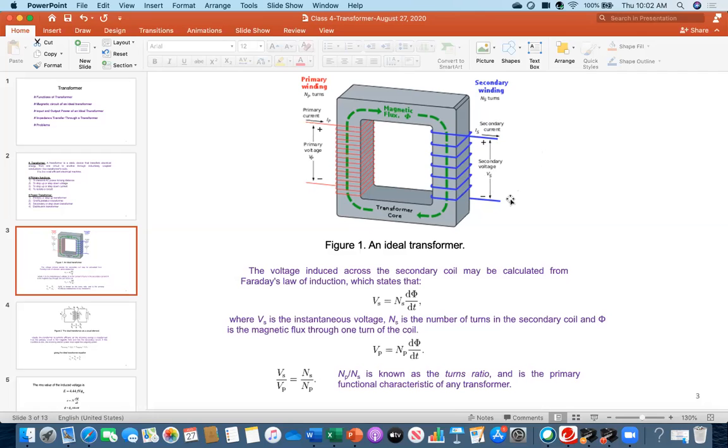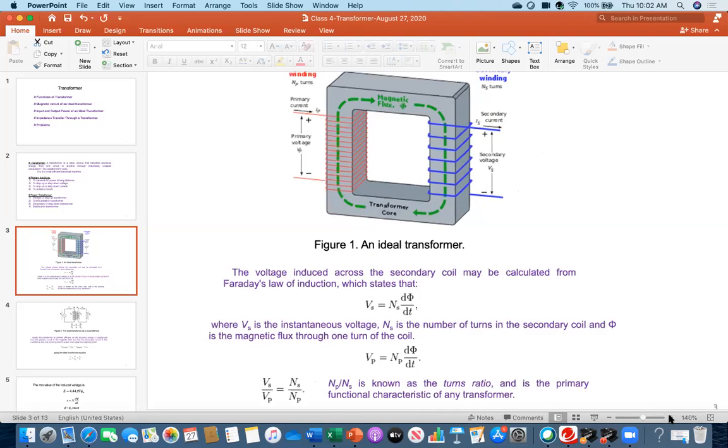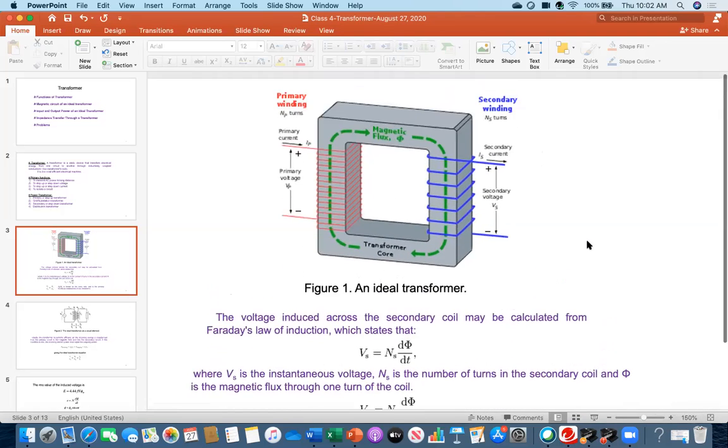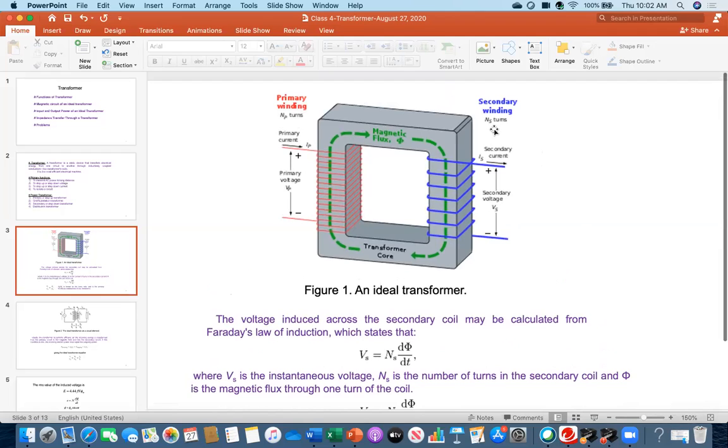Now, as you can see, the red colored primary side coil has a particular number of turns. I have written primary winding Np turns. The blue colored coils, which we call the secondary winding, have Ns turns.